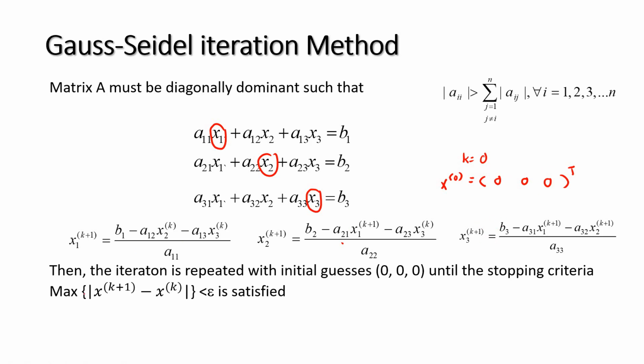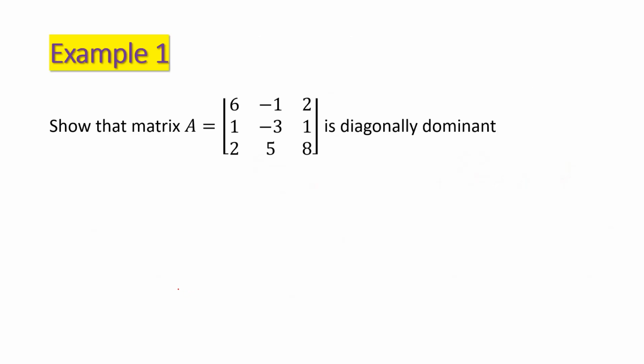The iteration continues until the stopping criterion is satisfied, which is the maximum of the magnitude of x^(k+1) minus x^(k) being less than epsilon. x consists of x1, x2, x3. You take the last row minus the previous row, and those magnitudes must all be less than epsilon.